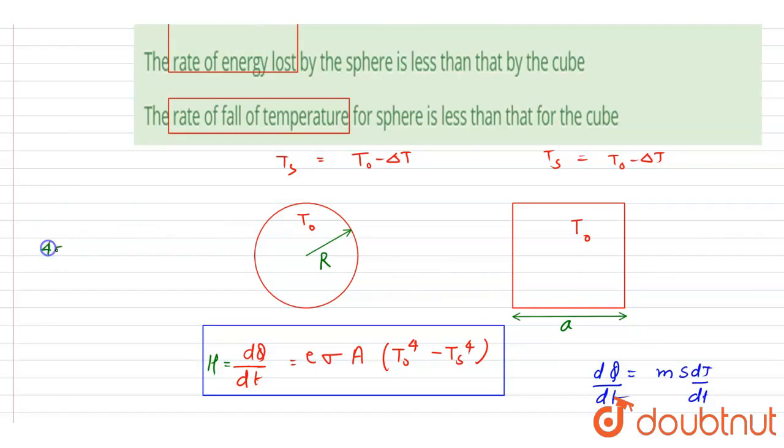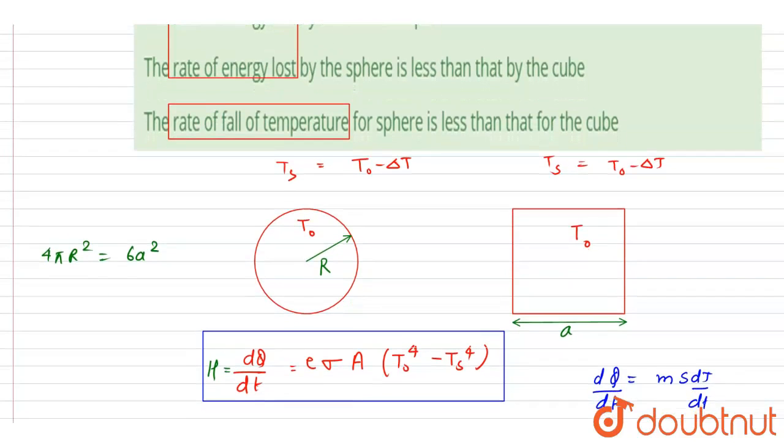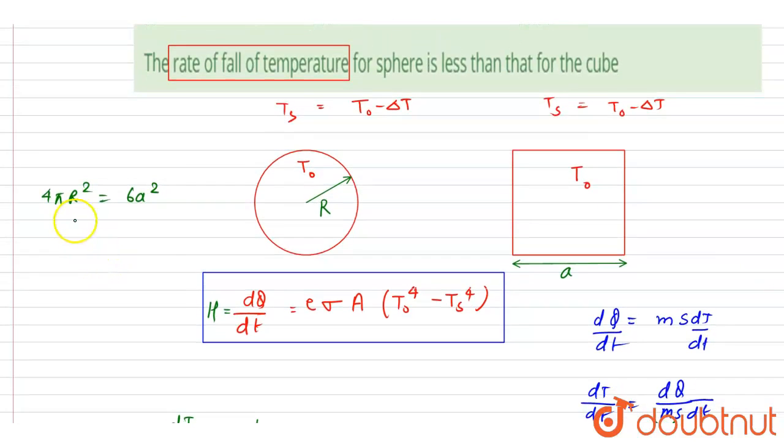The surface area of the cube is 6a squared. Now the two are filled with water. How much water do the two have? For that, let us calculate the ratio of R and a. R by a will be 6 by 4 pi to the power half.